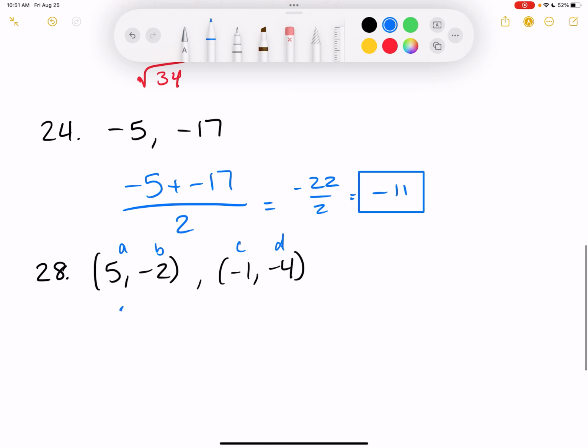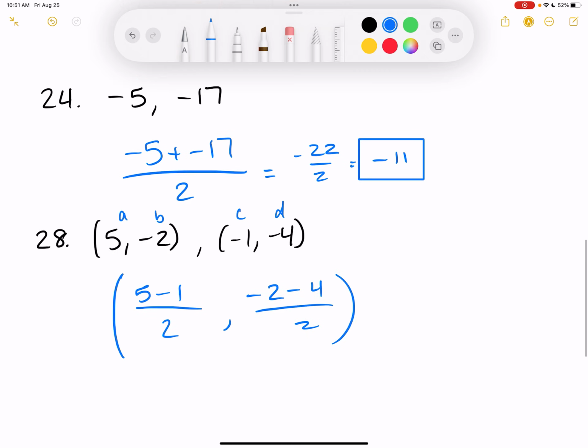So this is a giant parentheses basically. So 5 plus negative 1, so minus 1 over 2. And then y is going to be negative 2 plus negative 4, so minus 4 over 2. So we get 2, negative 3 is the midpoint for that.